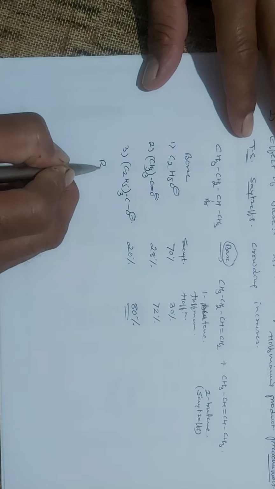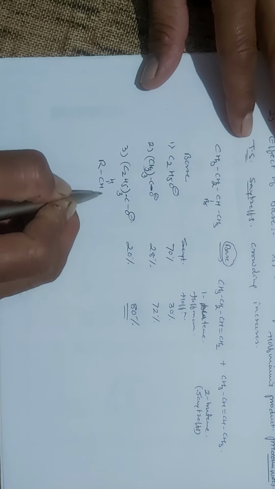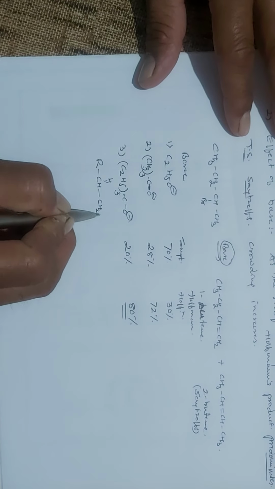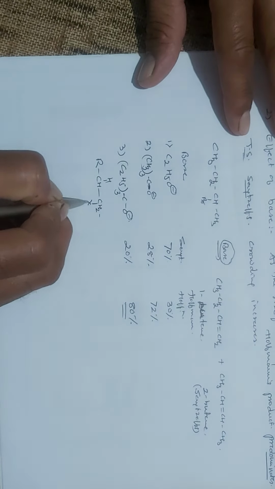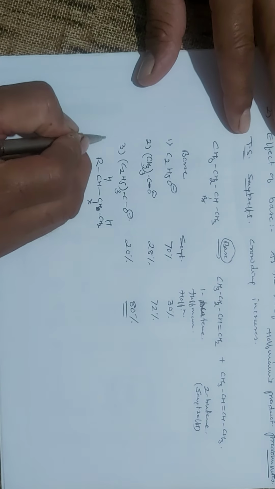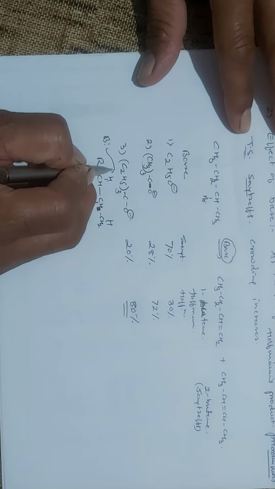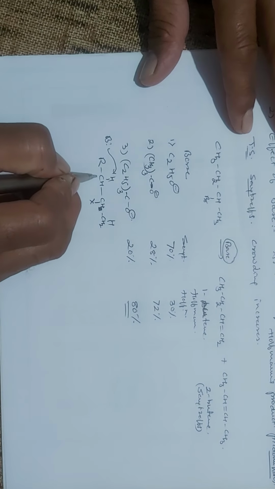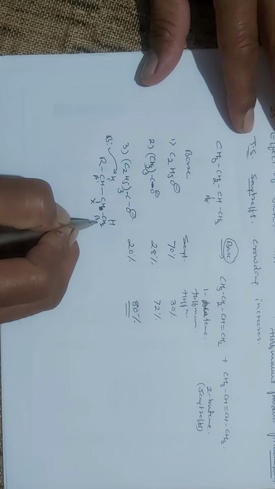So here, if you see this RCH2CHXCH2H, if the base attacks this proton, this beta hydrogen atom, this is beta dash and this is beta.